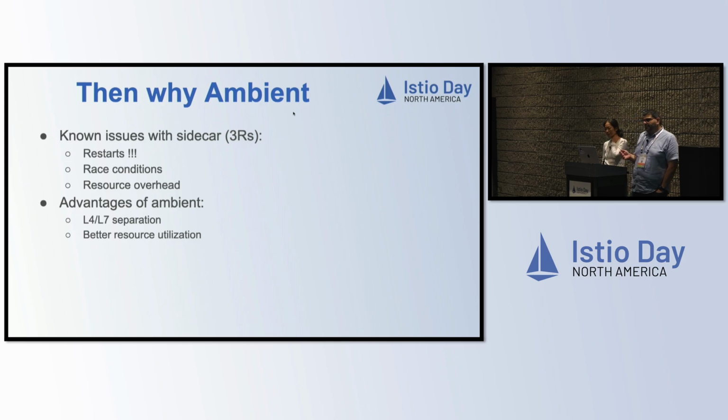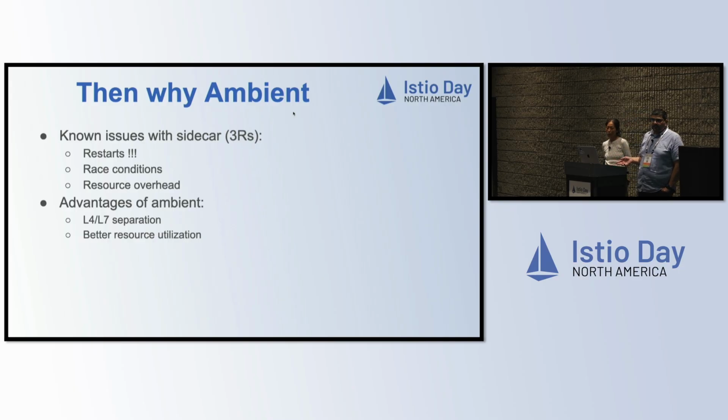But even then, we tended to try it because we had faced a couple of issues using Istio sidecar, which we were actually facing with App Mesh too. We can mainly summarize them with three R's: restarts, race conditions, and resource overhead.